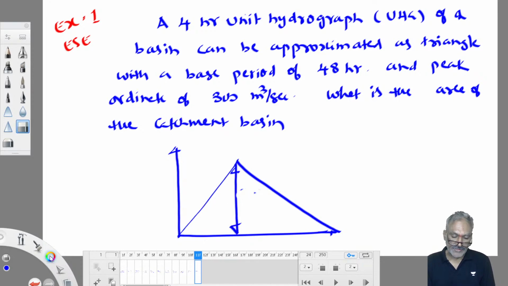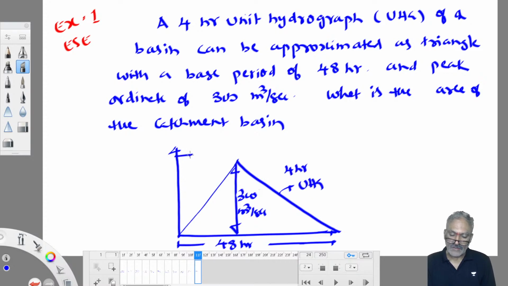Of course, he has given options. At a base of 48 hours. The 4-hour unit hydrograph represents a 4-hour storm, so we'll write here storm duration, 4-hour storm.